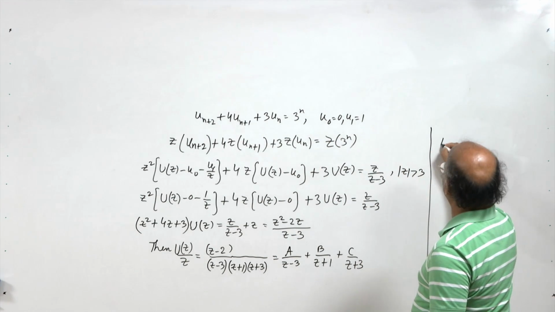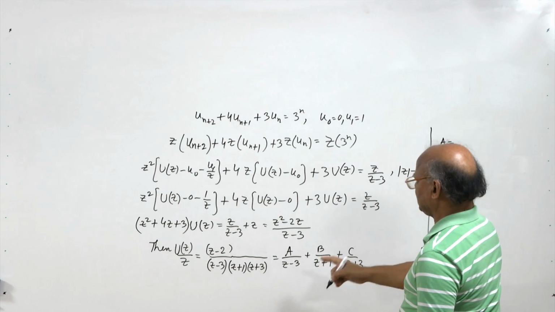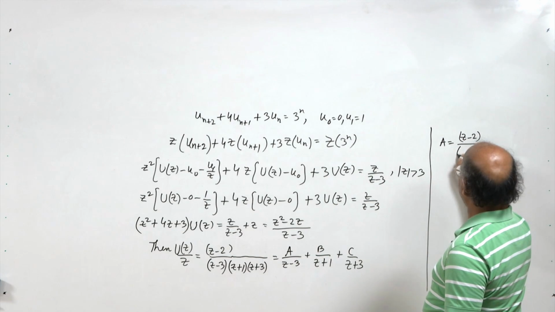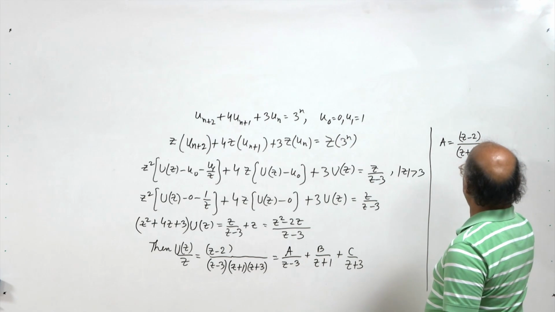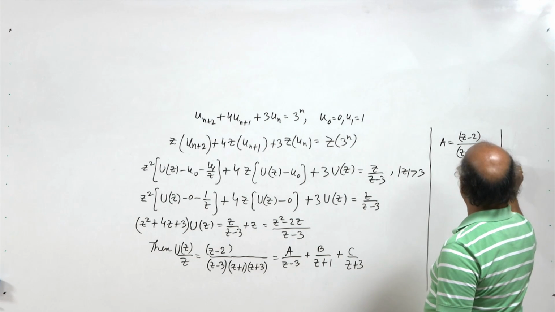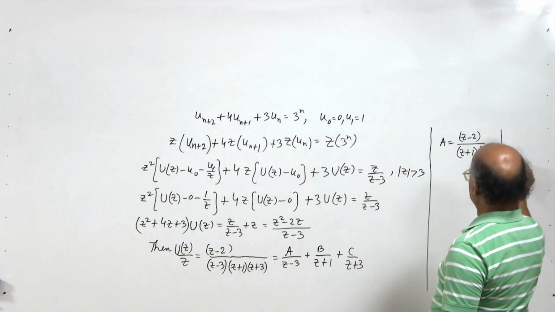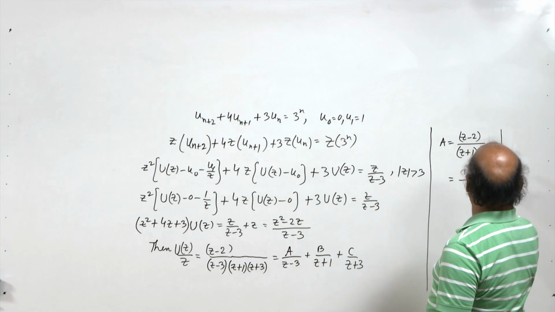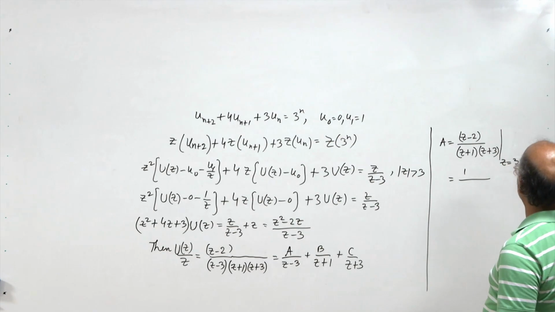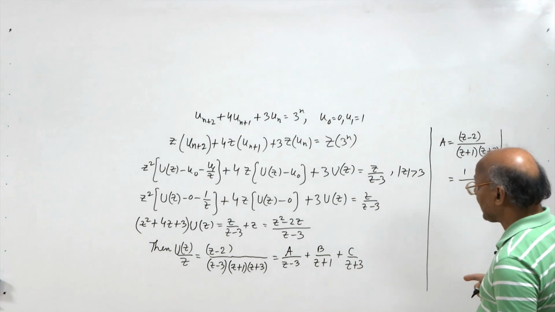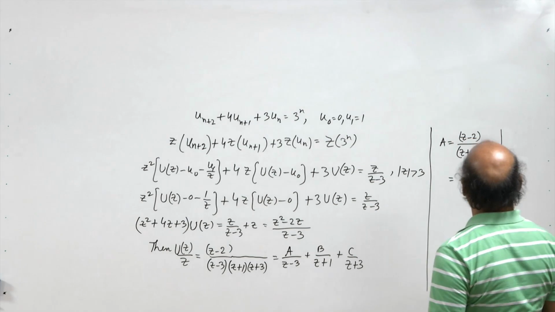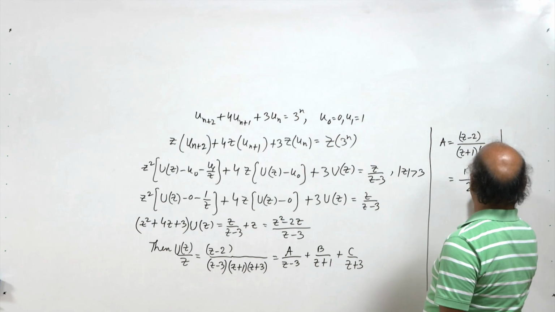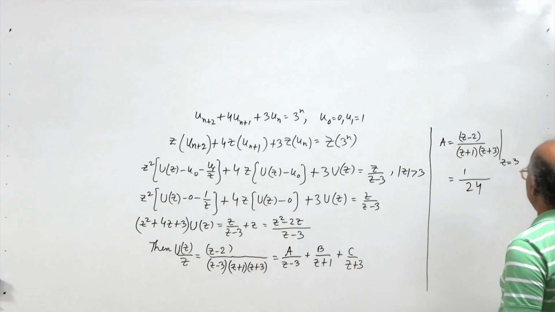A is equal to z minus 2 divided by z plus 1 into z plus 3 evaluated at z equal to 3. So, this will be equal to 3 minus 2, that is 1, and 3 plus 1 is 4, 3 plus 3 is 6, so 24. So, it is 1 by 24.